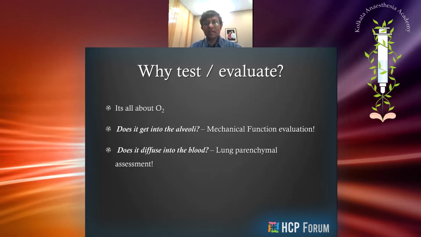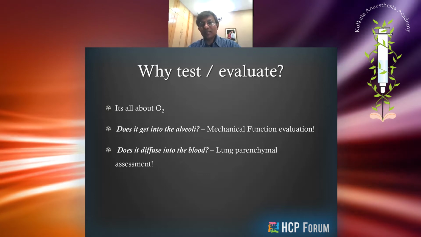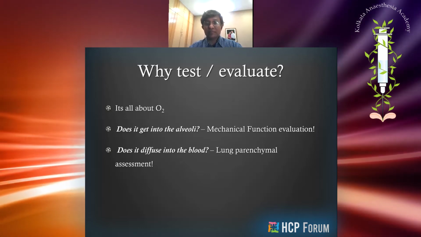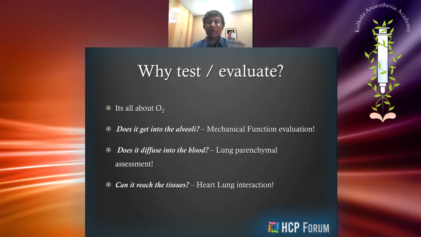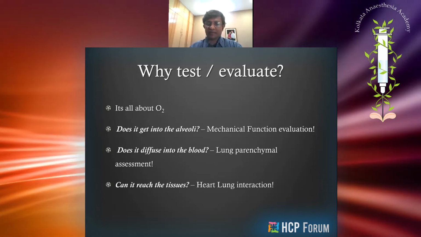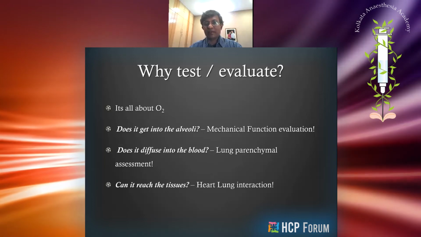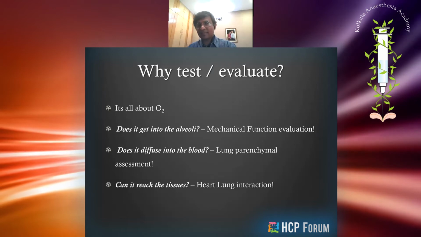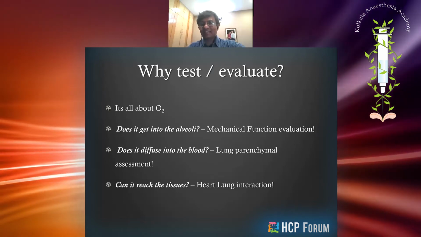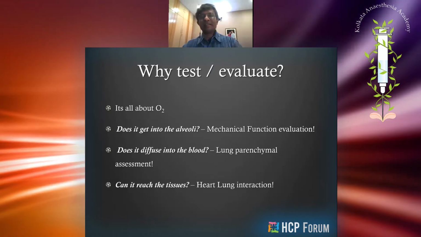Does it diffuse from the lung into the blood, which is what you are looking at for the lung parenchymal assessment? And from the pulmonary vessels, can it reach the peripheral tissues, which is what you are looking at in the heart-lung interaction. So the basis of the test is about these three phenomena, that is about the oxygen carriage.